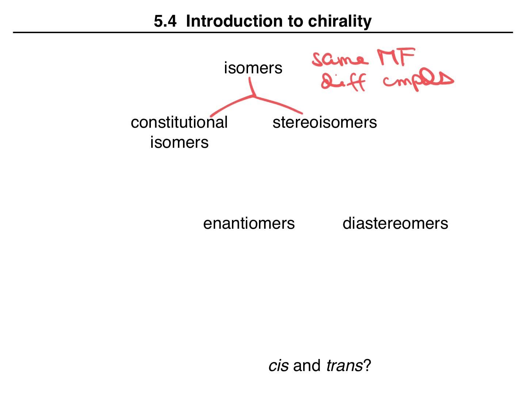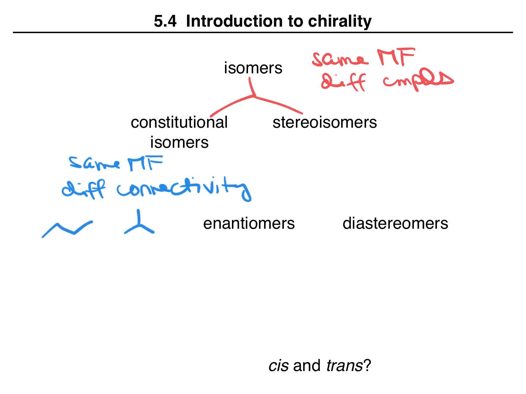So constitutional isomers would have the same molecular formula, but different connectivity. Different connectivity makes them different compounds. So for example, we could have 4 carbons in a chain or 3 carbons and a methyl branch. These both have the same molecular formula, C4H10, but they have different connectivity. So these are constitutional isomers.